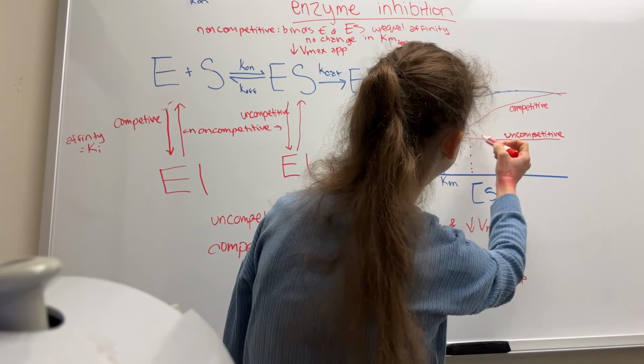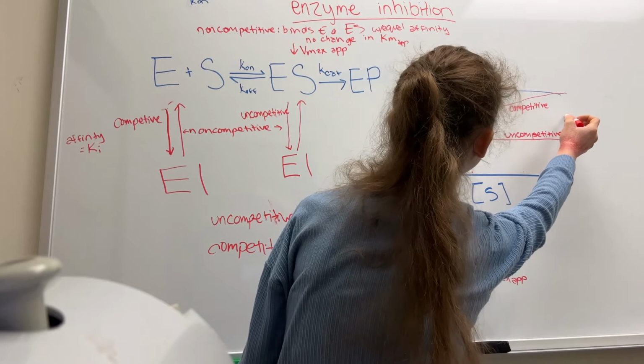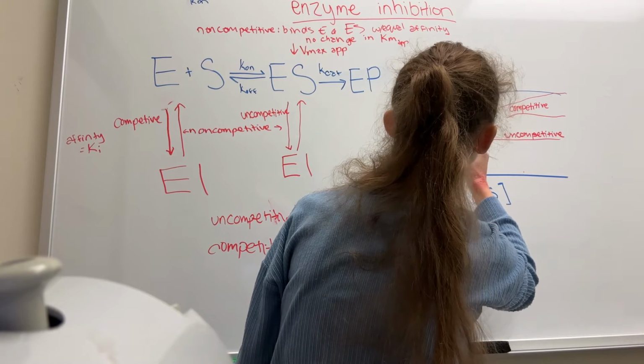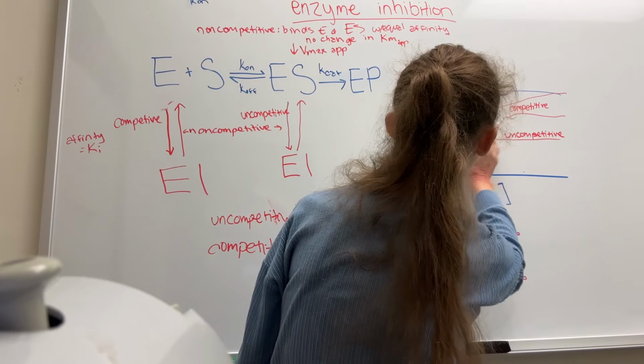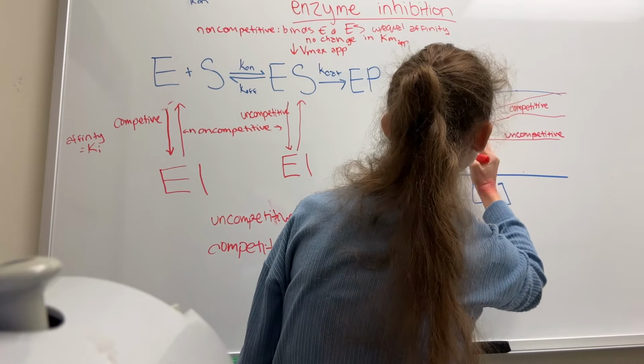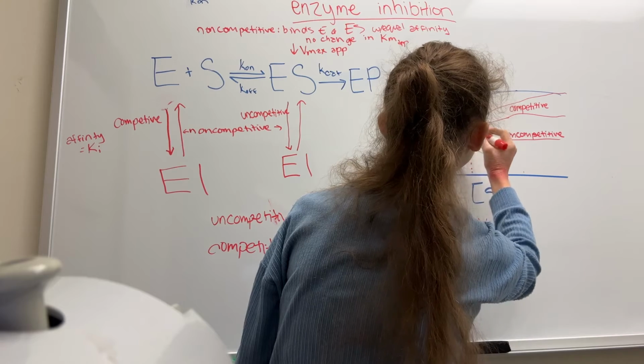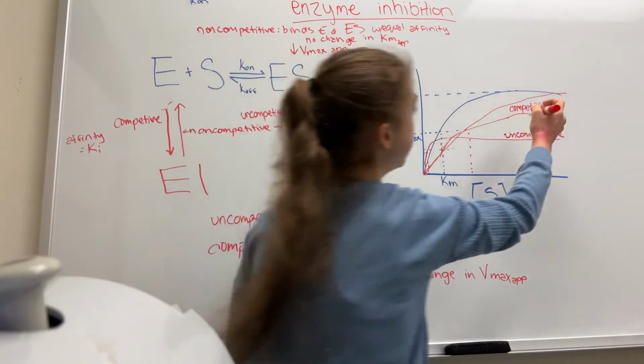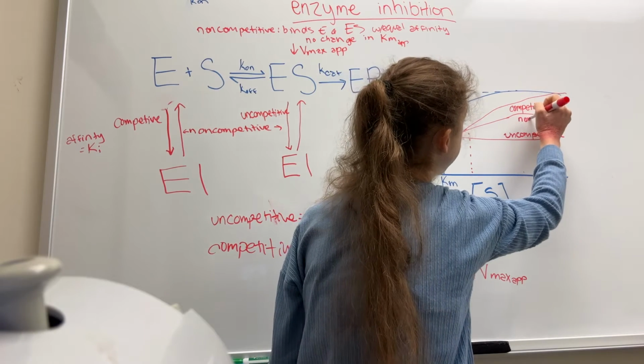So we have a change in our Vmax, but the halfway point is still going to be the same. Apologies, I'm not good at drawing. But basically, this is going to be our non-competitive.